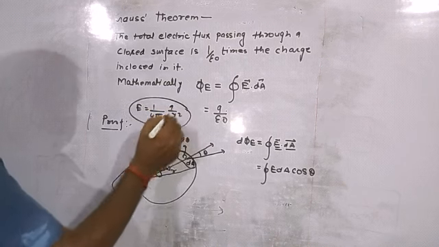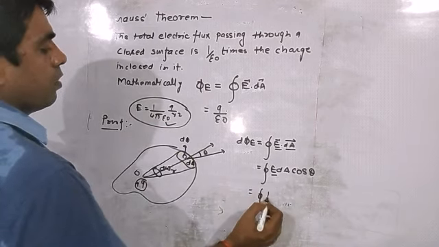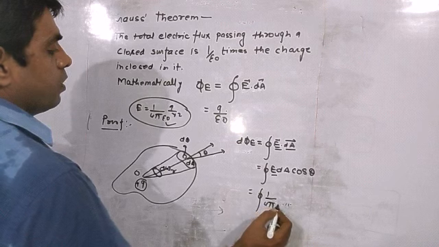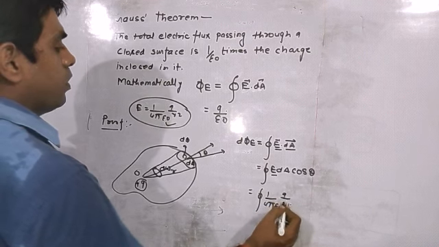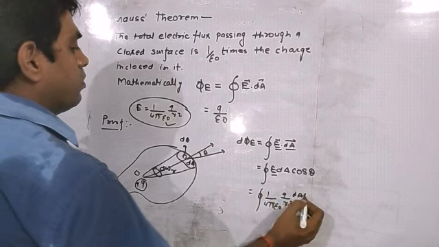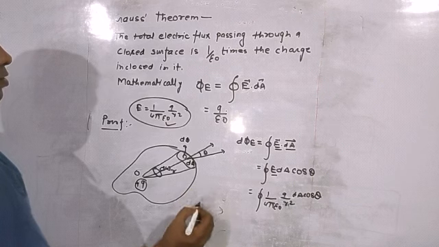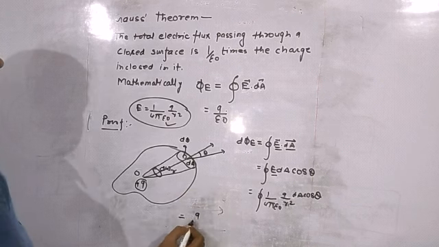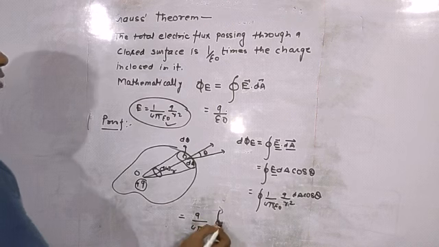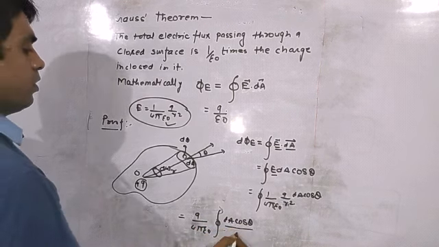We just have to place the value of electric field intensity here. So we have 1 by 4 pi epsilon naught Q by R square and dA cos theta. It is also given by Q by 4 pi epsilon naught times the surface integral of dA cos theta upon R square.